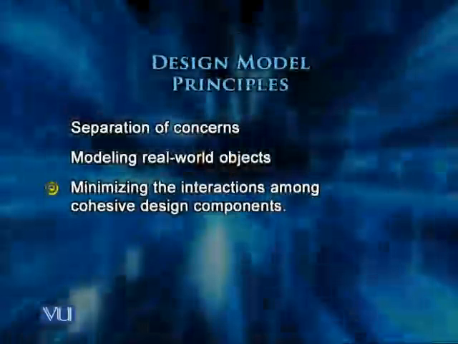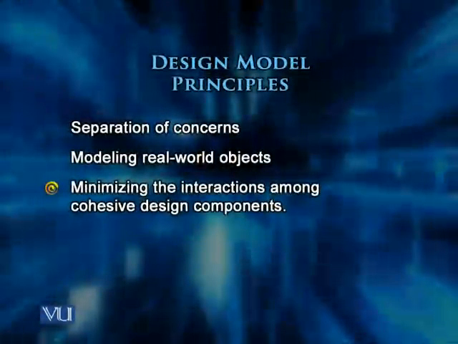Another very important design principle is that we should try to minimize the interaction between highly cohesive design components. That is, we should have minimum interaction among different components in the software design.